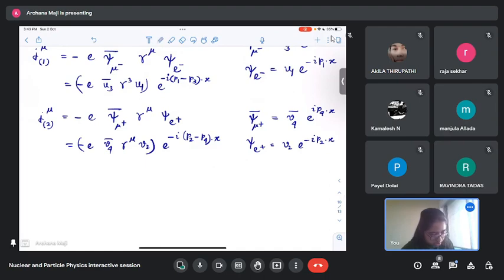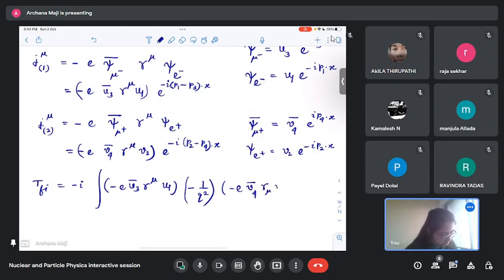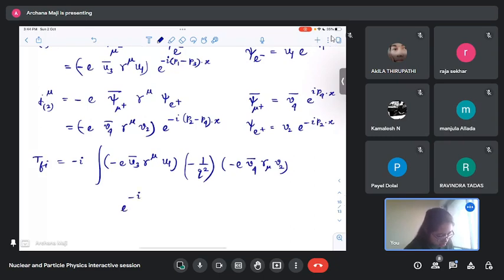So the transition amplitude becomes minus i times the integration of j1 mu, that is gamma mu u1, then the propagator corresponding to the photon, minus e v4 bar gamma mu v2, and then the exponential factors (p1 plus p2 minus p3 minus p4) dot x d4x.